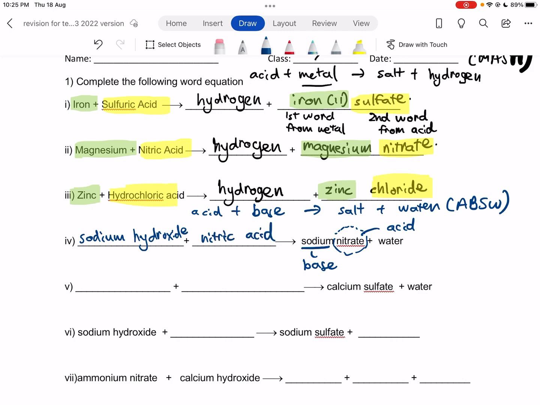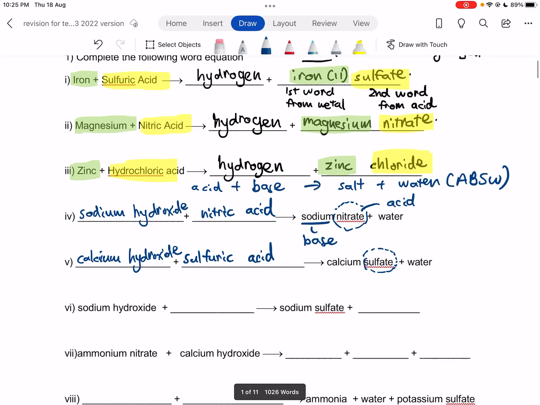The second one is a sulfate salt, so the acid will be sulfuric acid. The first one is calcium, so I'll put it as calcium hydroxide.